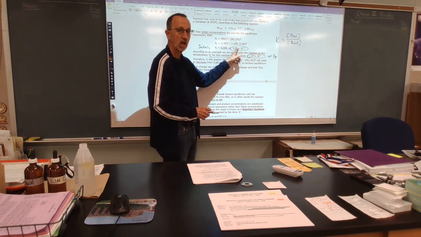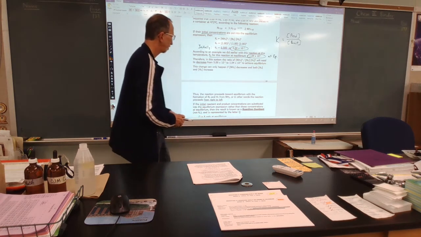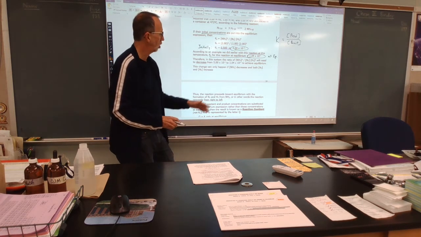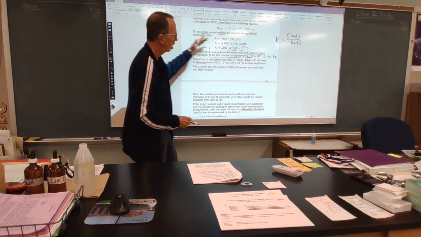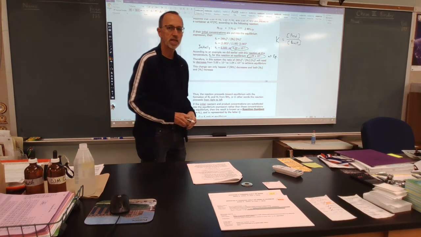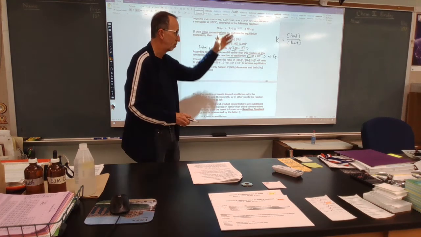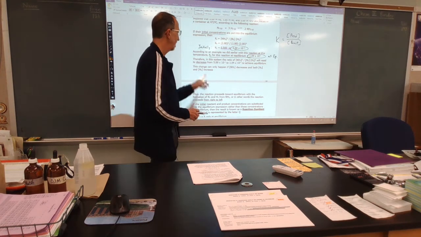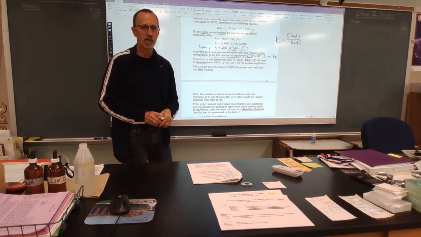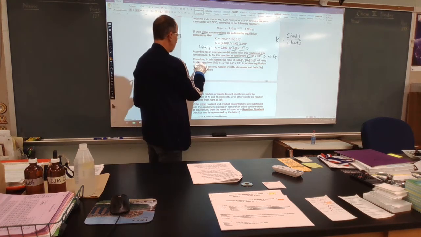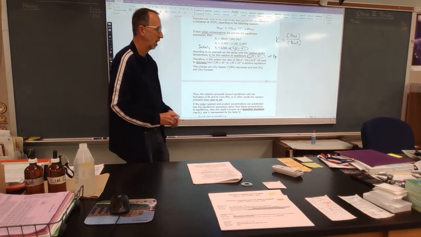Over here is larger than this one. So as you go from initial to equilibrium conditions, the value of this ratio of products to reactants is decreasing in value. All right, it is decreasing.